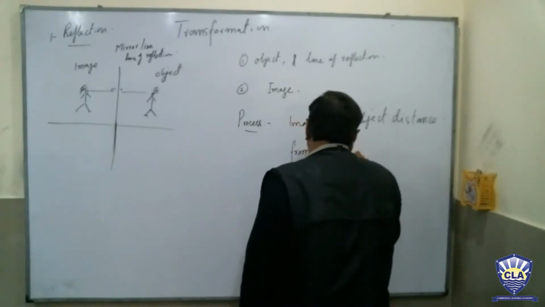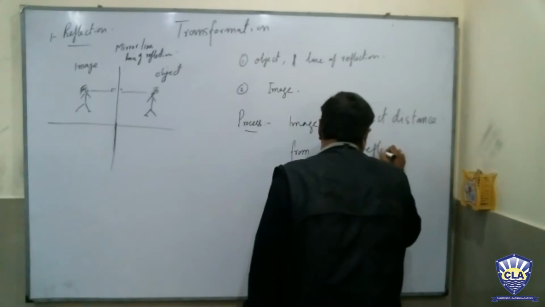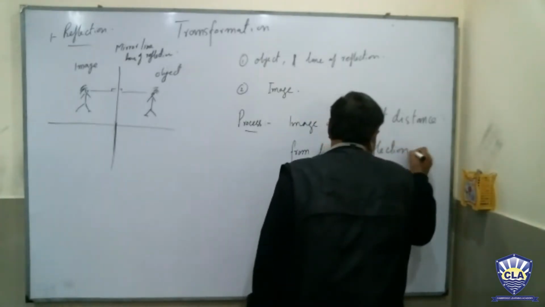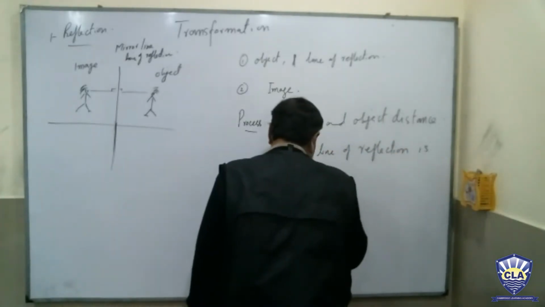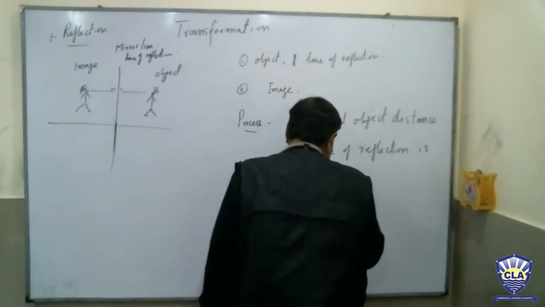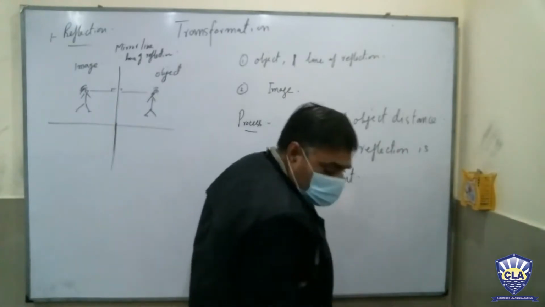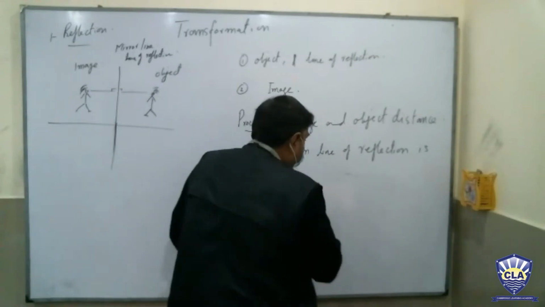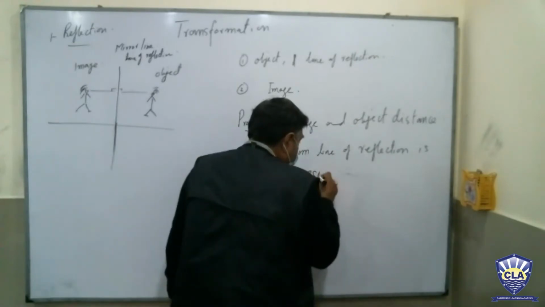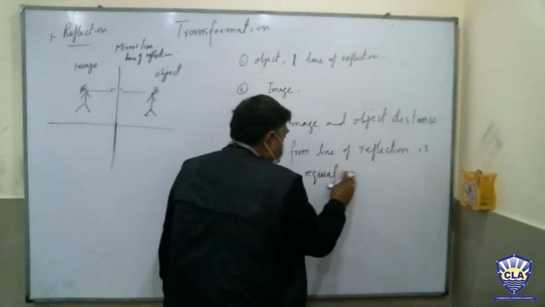The distance from the line of reflection is constant. It is equal.